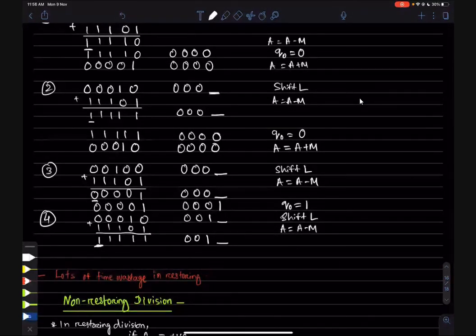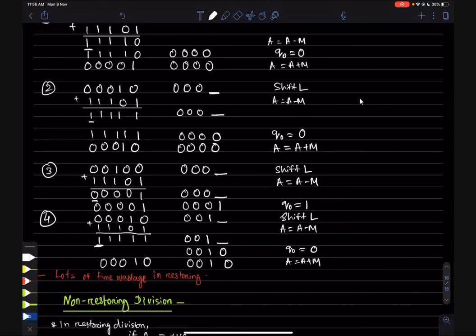So we have to set q0 is equal to 0, that means 0 0 1 0. And we have to again do a is equal to a plus m, that means the restoring operation. Whenever we restore it, we get our original value, so we get 0 0 0 1 0 and this is 0 0 1 0.